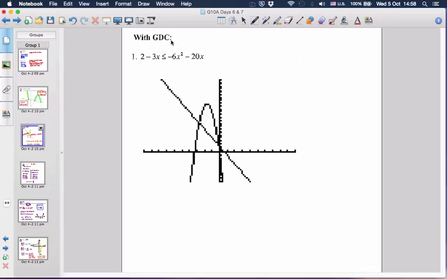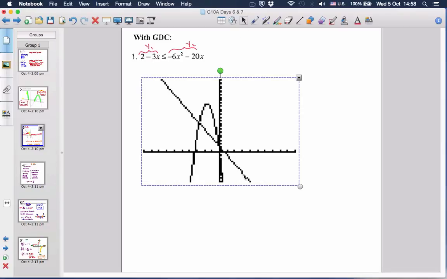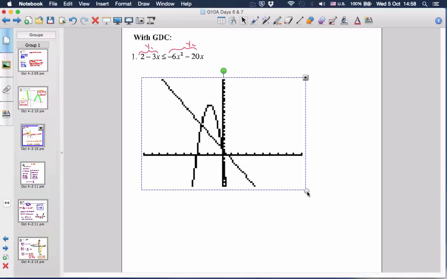Here, we want to solve this with the GDC. It says 2 minus 3x is less than or equal to negative 6x squared minus 20x, and that left side is a straight line, the right side is a quadratic. I graph these, that one in y1, here in y2, and if you do that in your graphing calculator, this is what you get.